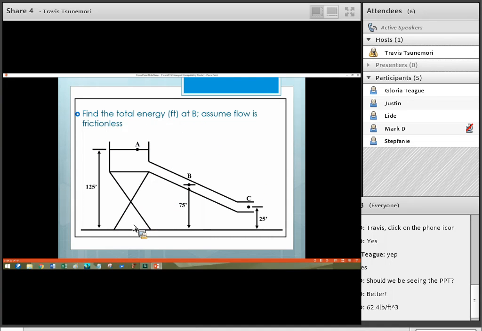We can assume that P is 0, right, because it's open to the atmosphere. And the cross-sectional area of that tank is a lot bigger than the cross-sectional area of the pipe, so that the velocity at A is negligible.